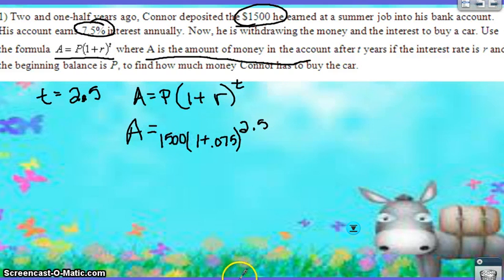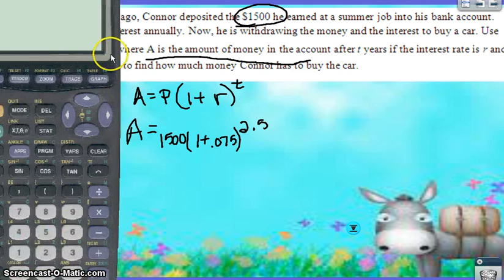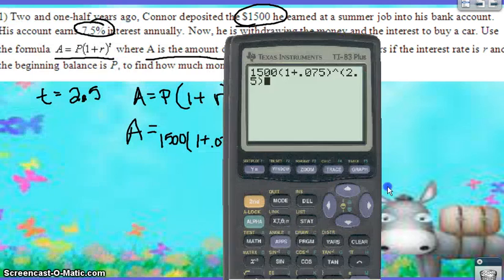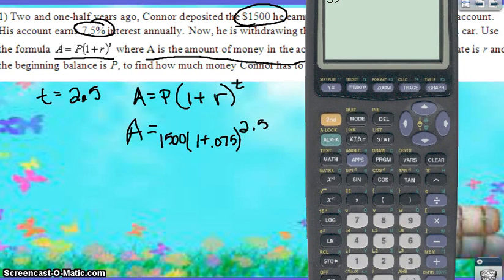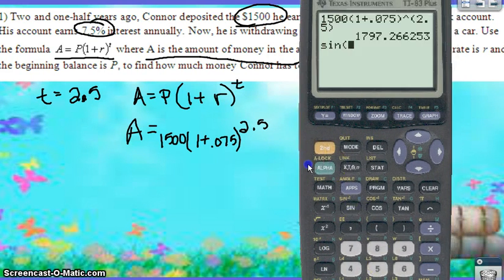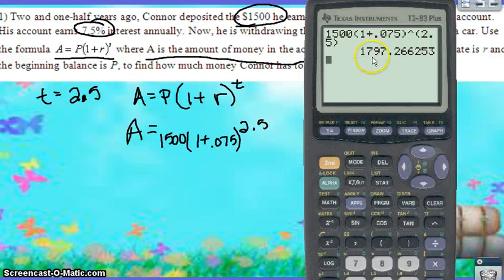From there, all you have to do for every single word problem is plug it into your calculator. Once you plug it into your calculator and hit enter, you will see that he should be withdrawing $1,797.27. What you are going to have to use in your calculator is a lot of parentheses.